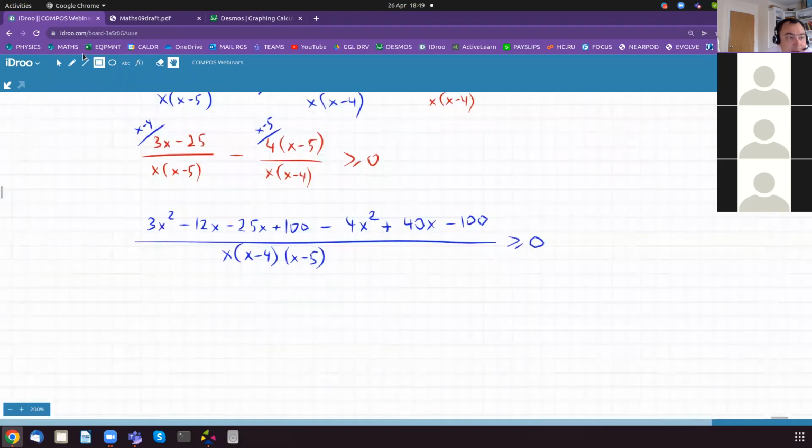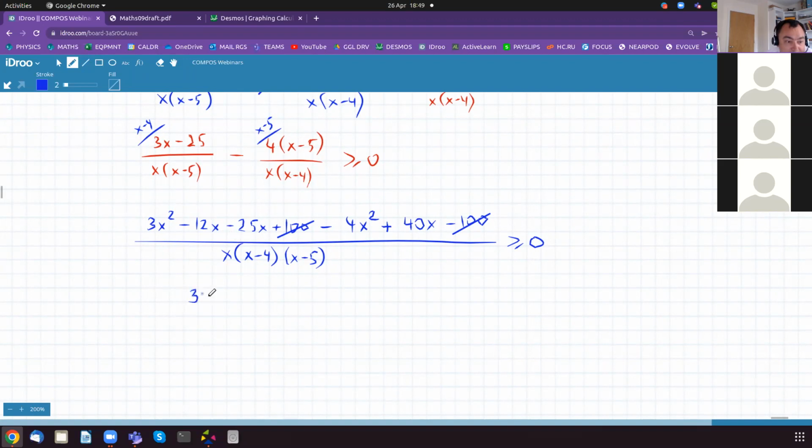So what do I have? 100 cancels. 40 minus 25 minus 12. That's 3x. Is it going to be 3x? Is that so? Yeah, it looks like it. 3x minus x squared over x minus 4, x minus 5 greater or equal to 0.